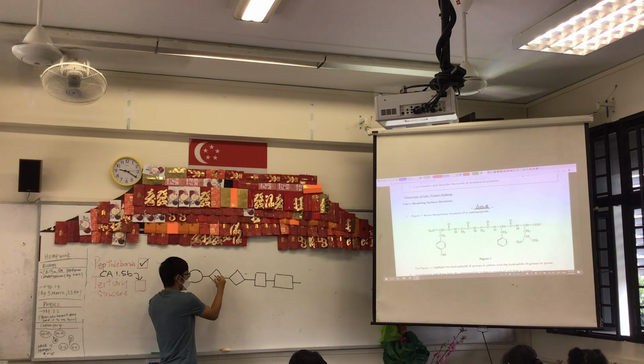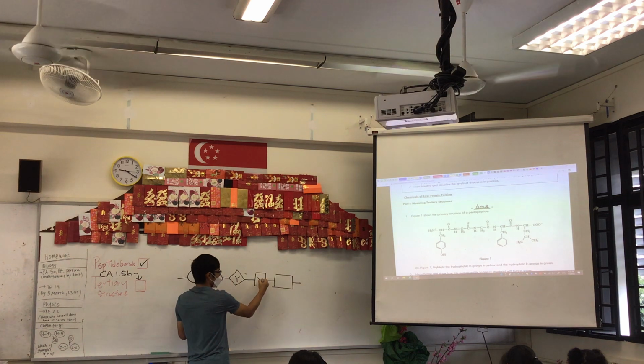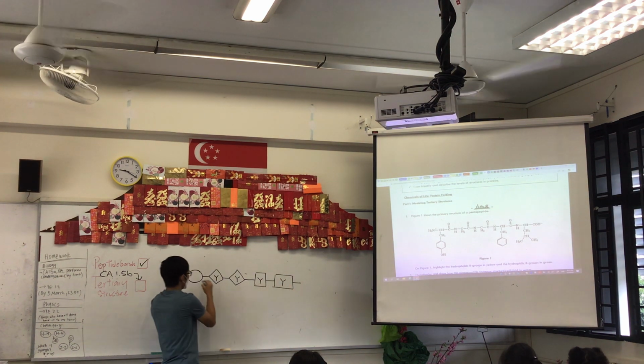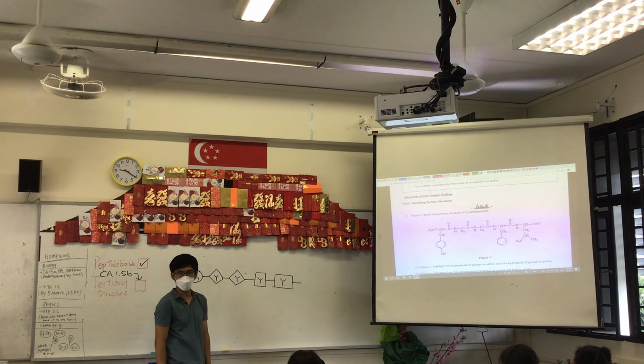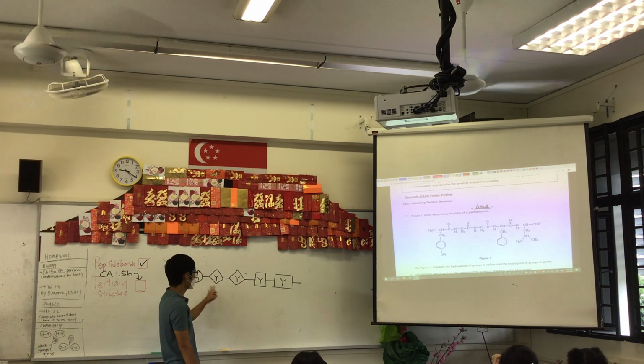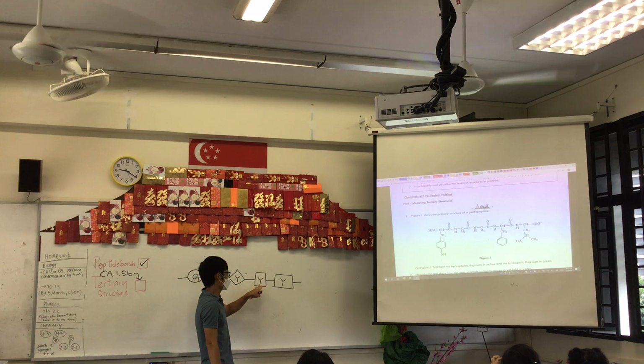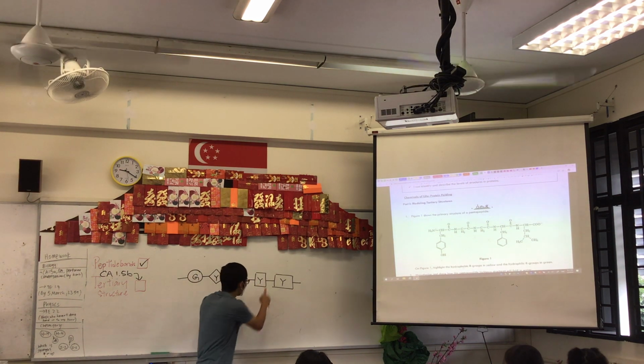Y stands for yellow. Then this one green. Can you draw a simplified model of this amino acid now? Circle, diamond, diamond, square, rectangle, square.